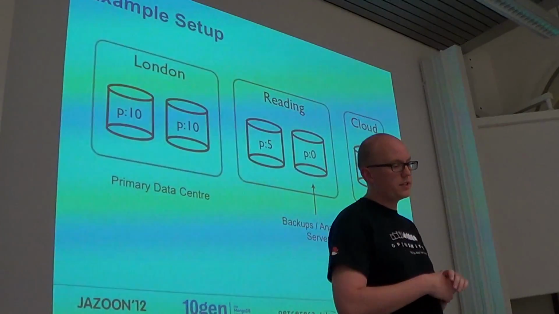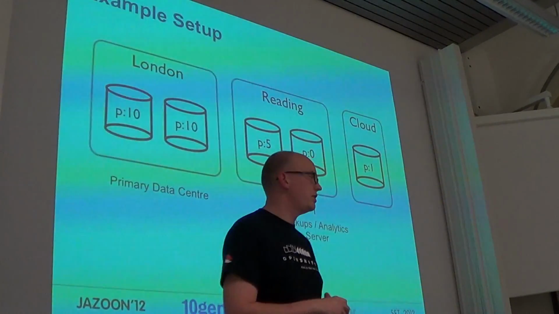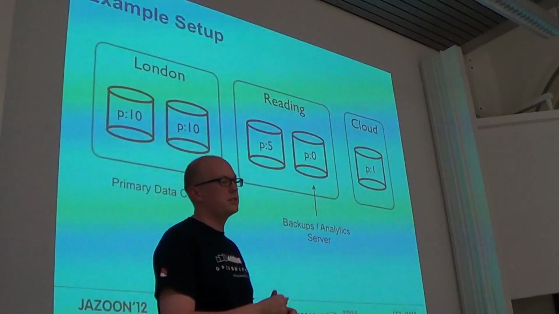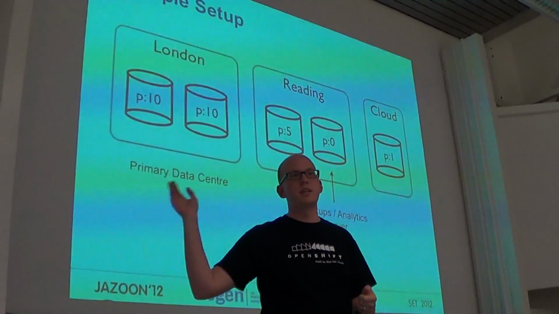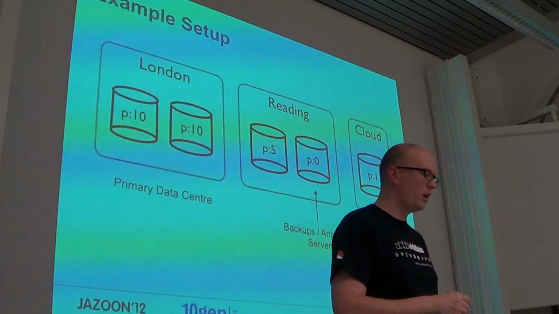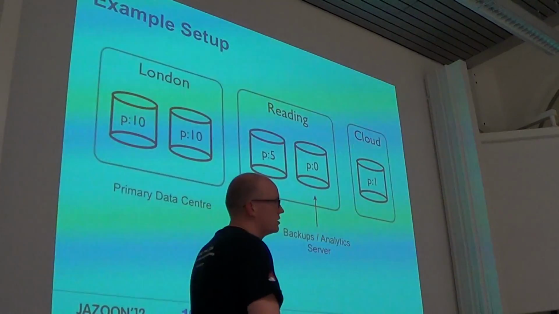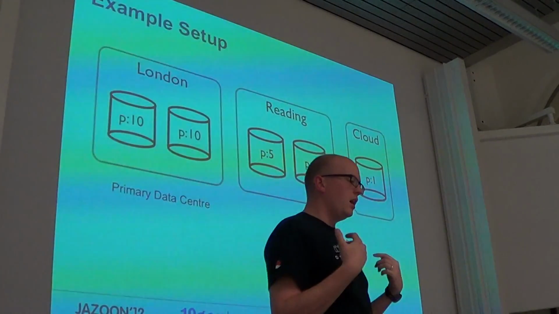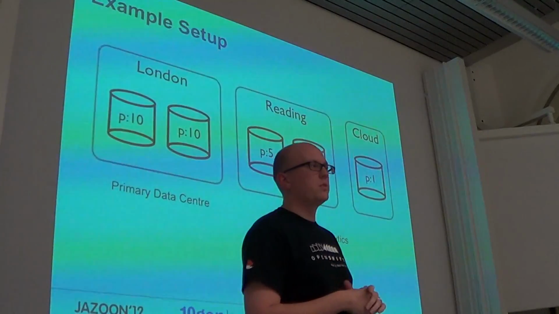So to give an example of a setup that we've seen in the UK, we have people that have their primary data centre in London, they have a secondary data centre in Reading, and they have something in Amazon, just to make sure it has a copy of the data. London is where they exist and is where most of their users are, because it's an internal application, and they ensure that that has the highest priority.